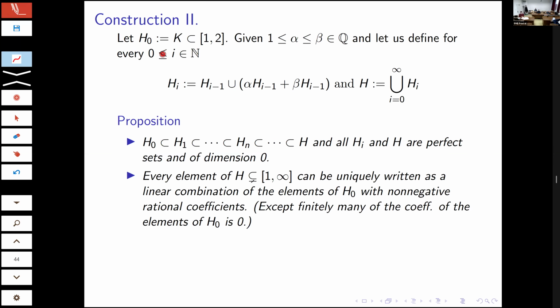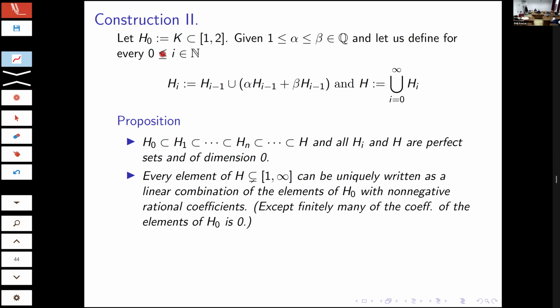This is an inclusion, and H and each HI as well are perfect sets of dimension 0. Why is it perfect? Because after a while, because of this condition, you leave every interval. After a while it is fixed, as you can see in the picture, on a bounded interval. So that's why it is perfect.